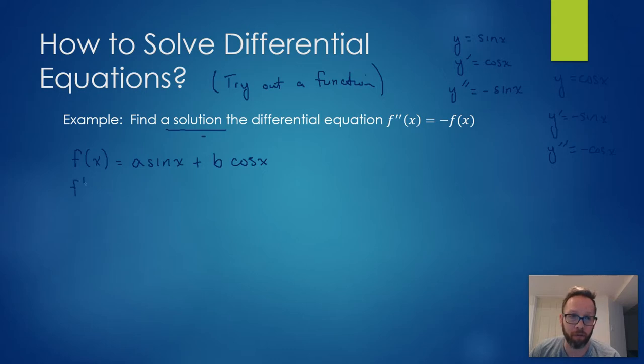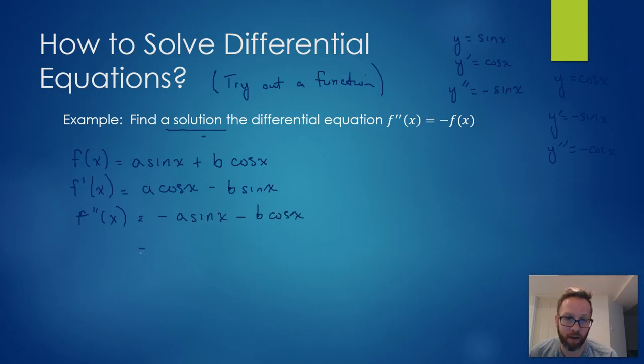The derivative of this, a is just a constant, so I have a times cosine x, and then minus b times sine x, and then the second derivative would be negative a times sine x and negative b times cosine x. If I factor out that negative 1, I get the negative of a sine x plus b cos x, which is actually the original function. So I have negative f of x, the original guy.